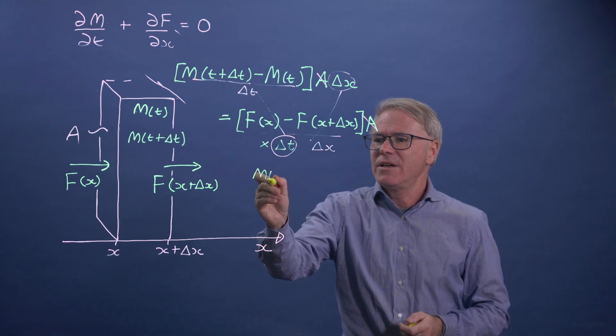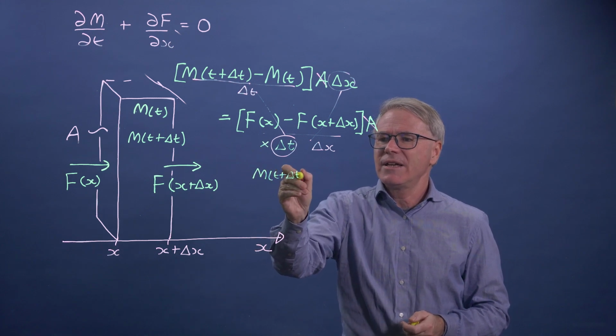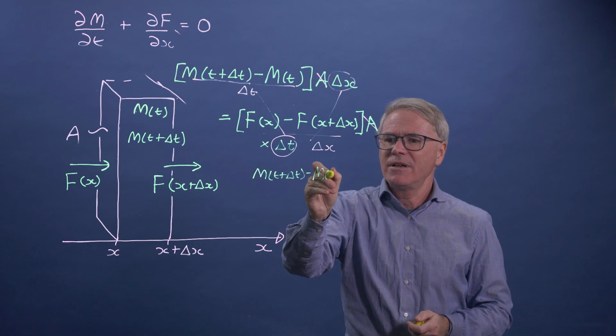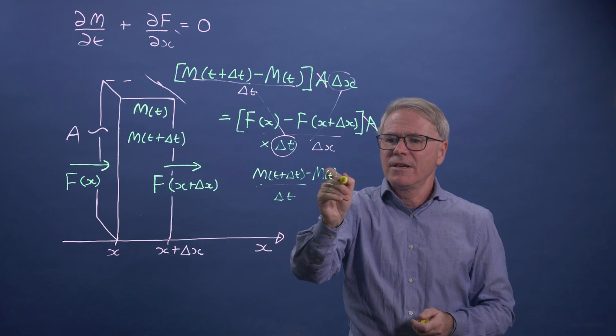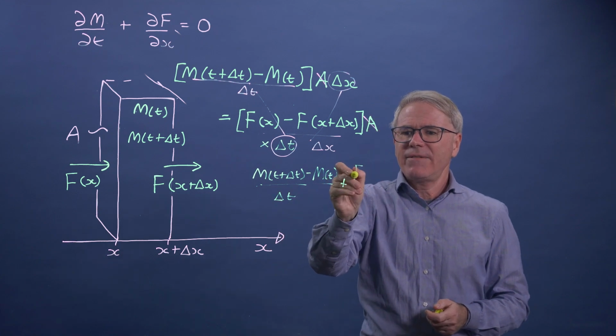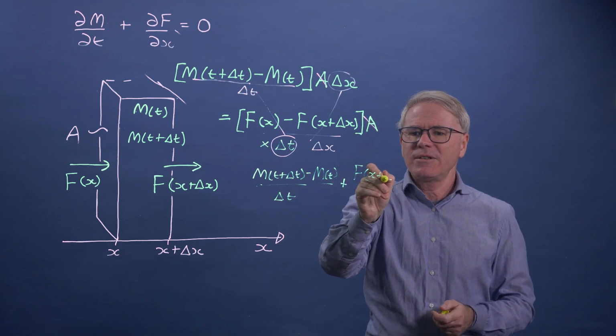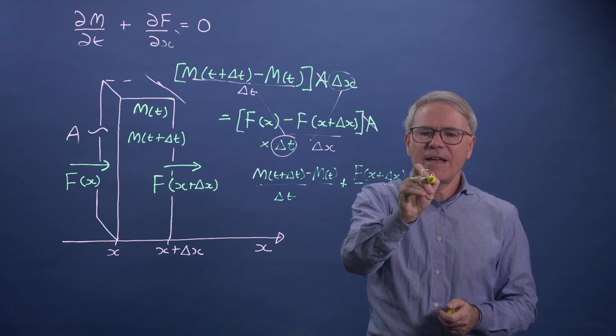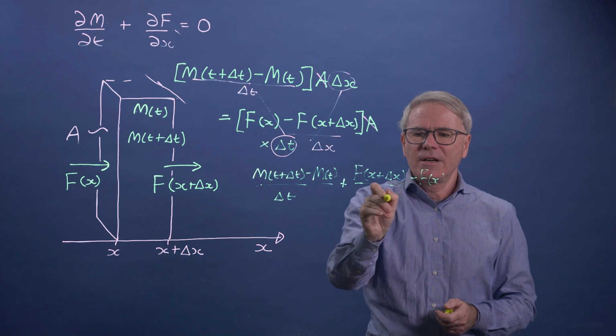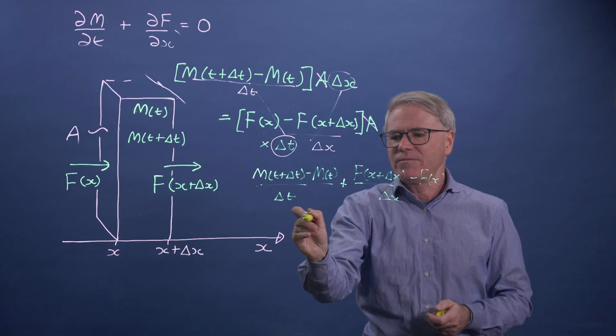We have m of t plus delta t minus m of t over delta t, plus f of x plus delta x minus f of x over delta x, and that equals 0.